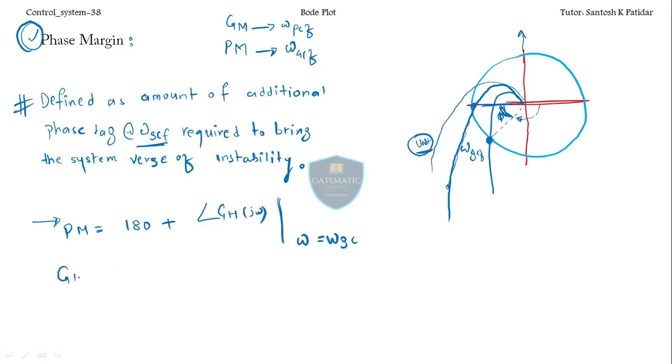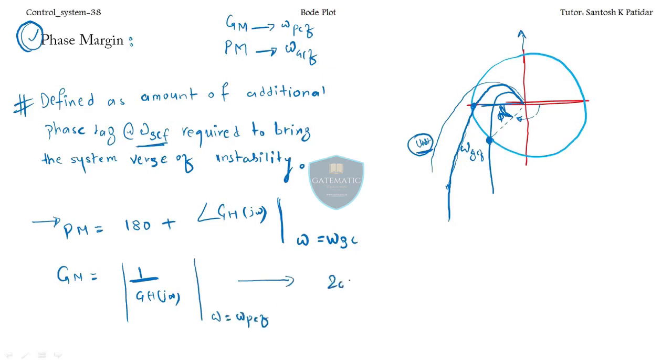And the formula for GM we have seen. This is the reciprocal of the magnitude at omega equal to omega PCF. Suppose if you convert this into dB, you will take 20 log 1 by GH j omega, isn't it? So when this denominator term goes up, the minus sign will come out and you will remain with GH j omega.